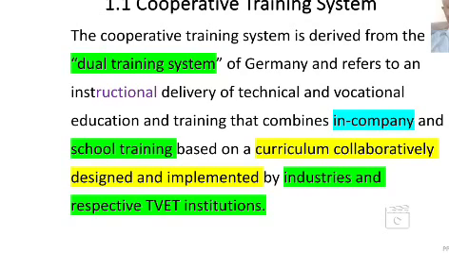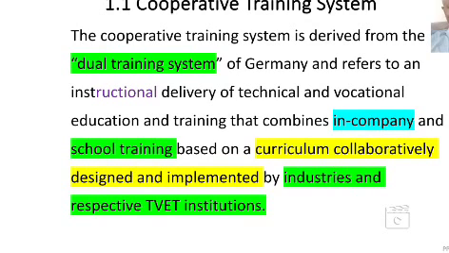The reason is, when we come to vocational education and training, the program is there in order to equip students or trainees with the necessary knowledge and skills that enable them to be employed or to create their own work.